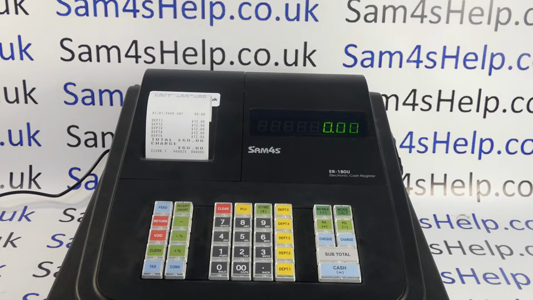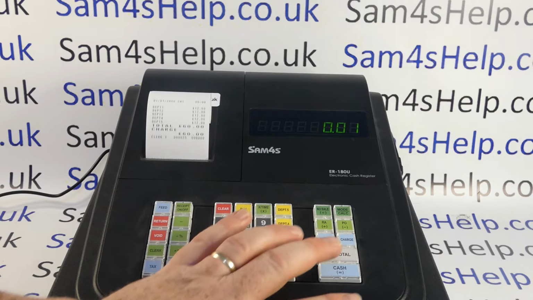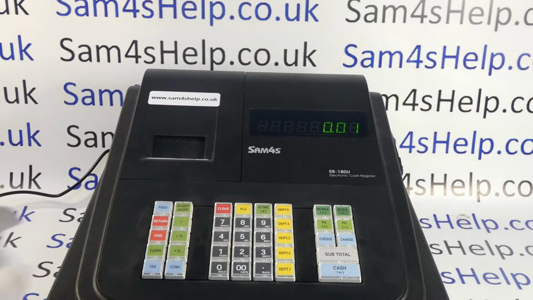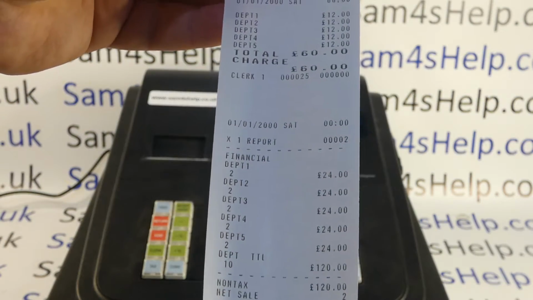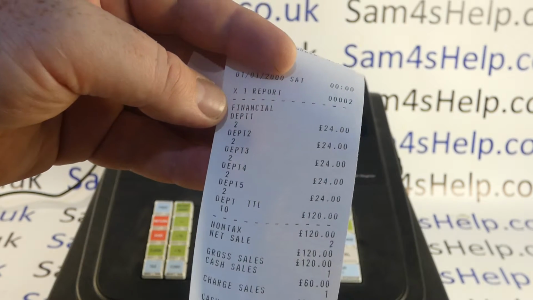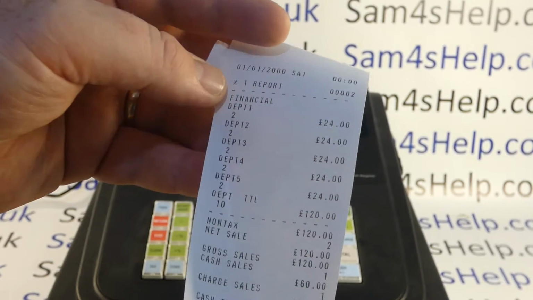So this would be a really straightforward report to interpret. If we do the read only report, one subtotal in the read or X mode, I've done that because it won't reset the Z1 data. We can see it's fairly straightforward to follow. We've got X1 report at the top, financial, and then department 1, 2 sales, so that's the quantity of sales, with a total amount of £24.